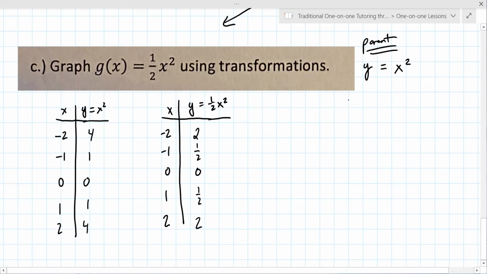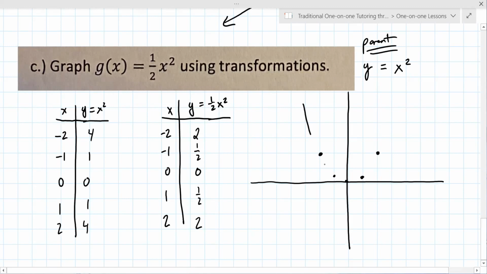Okay, so now we can graph this. -2, 2, negative 1, 1/2, 0, 0, 1, 1/2, and 2, 2. So it still has this U shape. It's just a little bit wider than usual. That graph you want to get down.